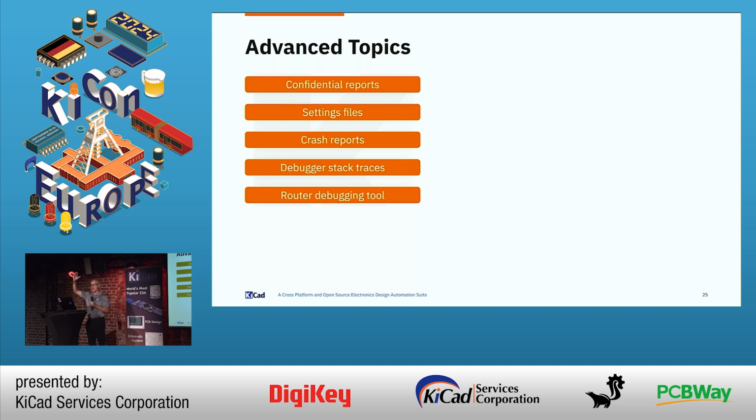It'll just create this giant plain text file, and then when you're done, it'll save it. If you can upload that router debugging file, we can replay it. KiCad has under-the-hood tools that allow us to replay that file.